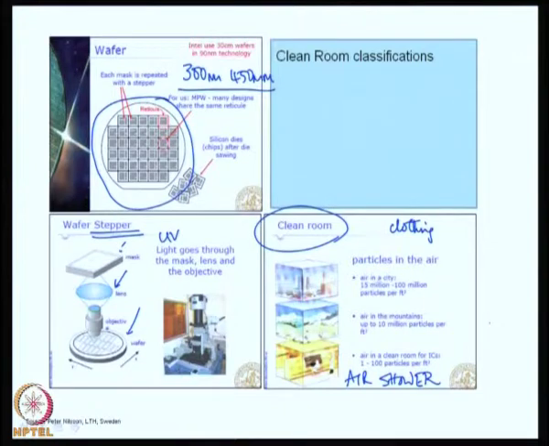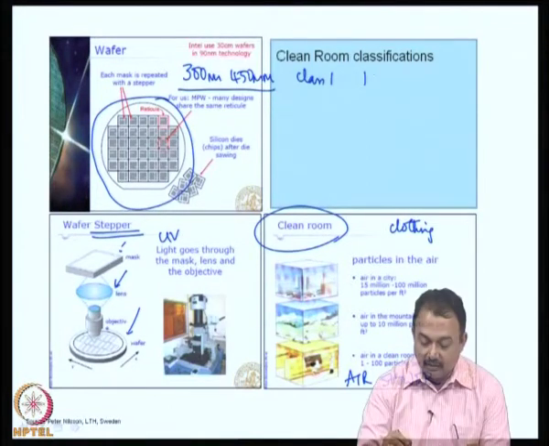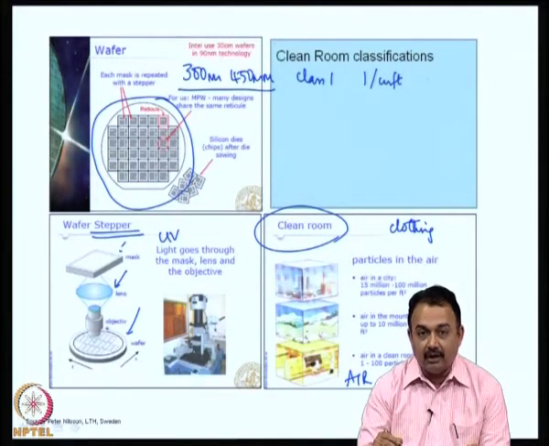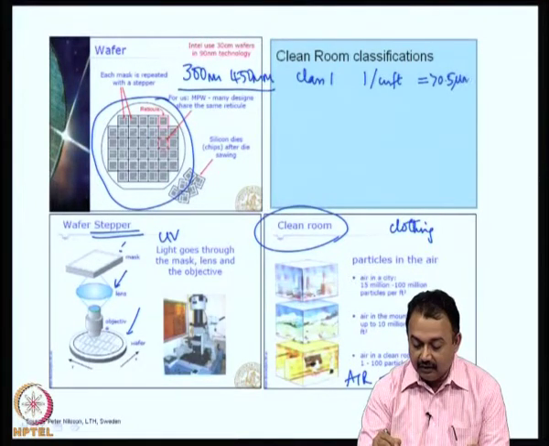Now, why are we worried about clean room? Because we are working with lower line widths. For example, class 1, it is a classification, it says that you can have only one particle per cubic feet, and that one particle should be equal to or greater than 0.5 micron is only allowed.